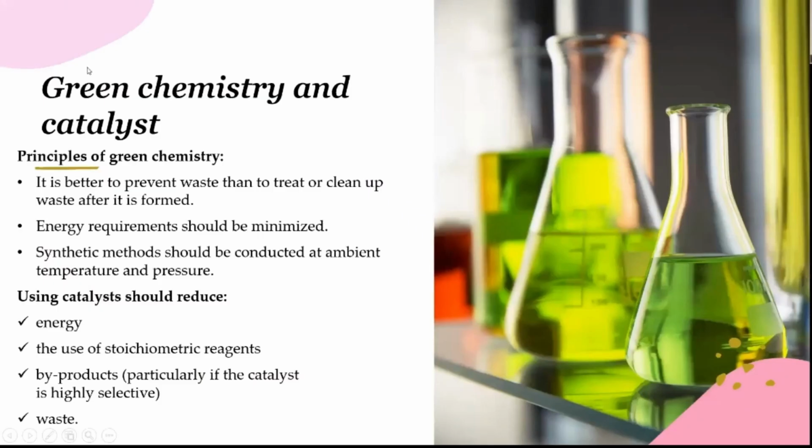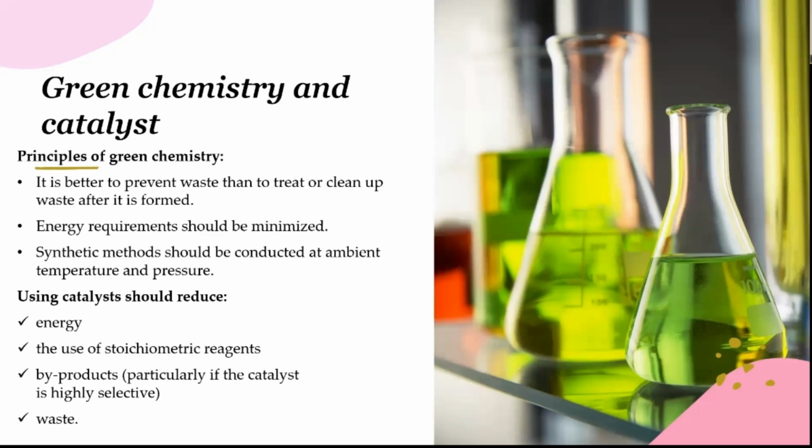This catalyst has a very important role to play in sustainable chemistry or green chemistry. We know that there are some principles of green chemistry. There are three principles. First, it is better to prevent waste than to treat or clean up waste. Instead of producing waste, avoid producing it. Second, energy requirement should be minimized.